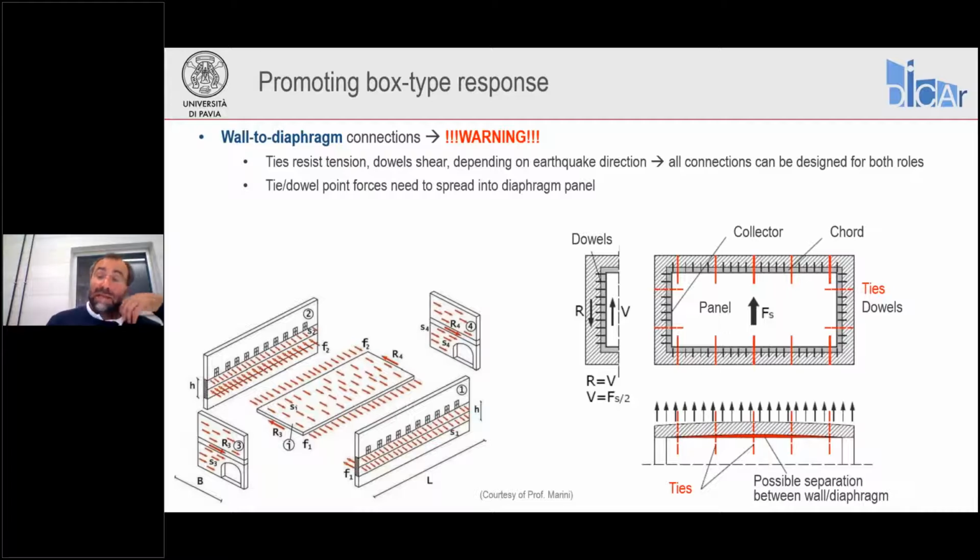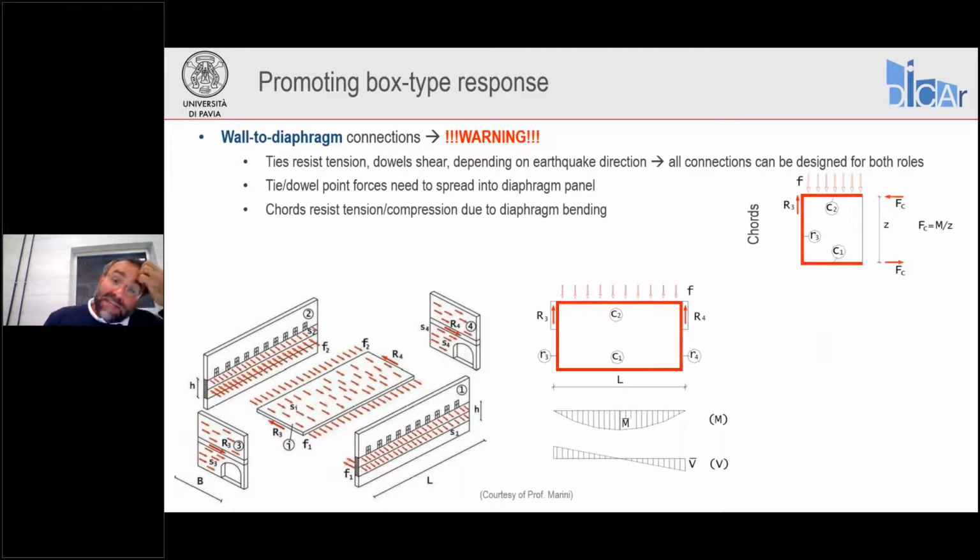Another consideration is that these tie and dowel forces are point forces, but they need to be distributed, they need to be introduced within the diaphragm as distributed loads. And this must be done close to the connection with the walls.